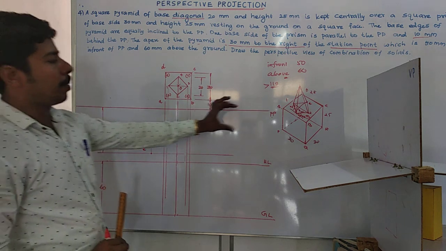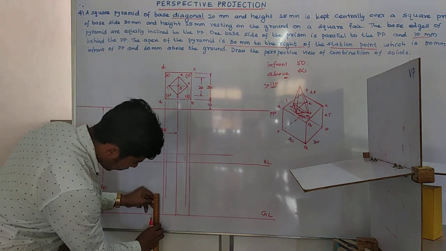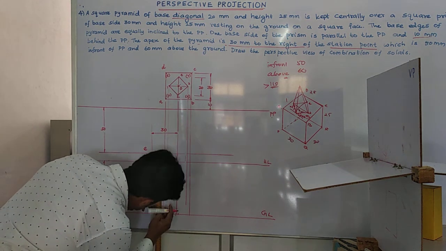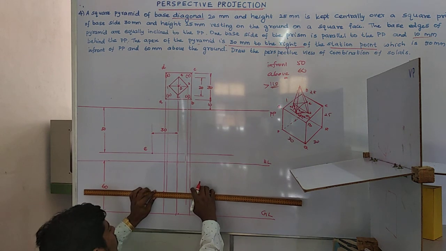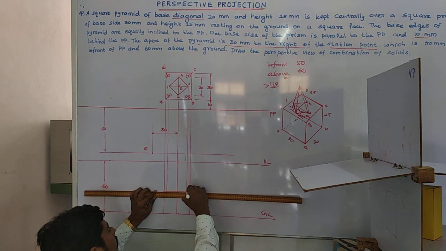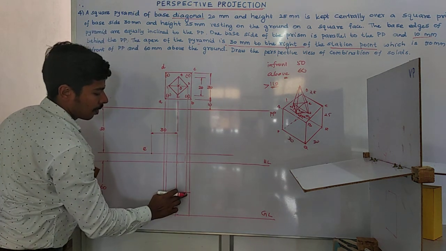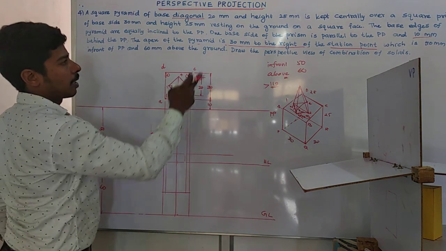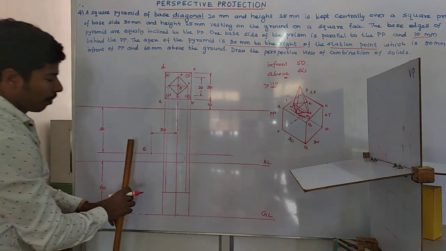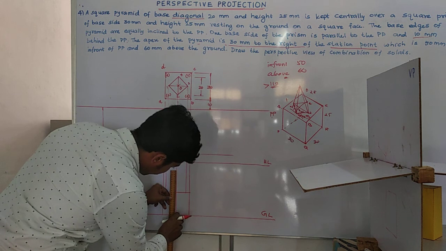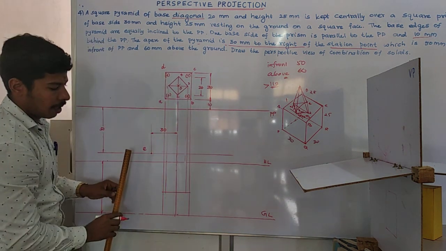Then what is the height of the pyramid? Height is 25 mm. So prism height is 25, and similarly the pyramid also has height 25 mm. Mark at the axis 25 mm.